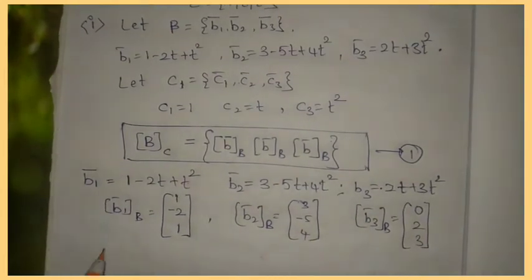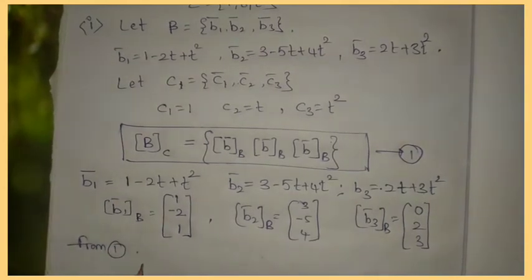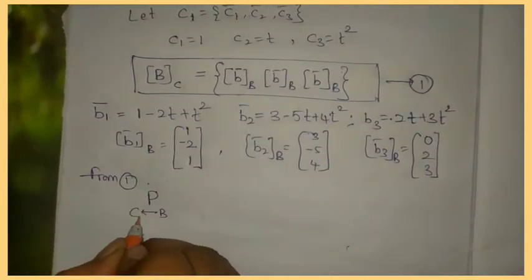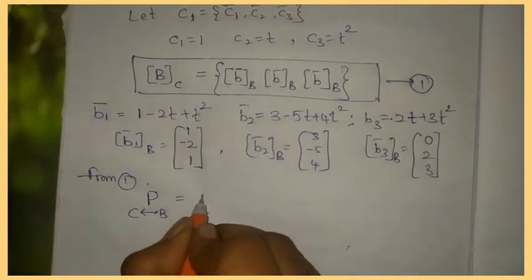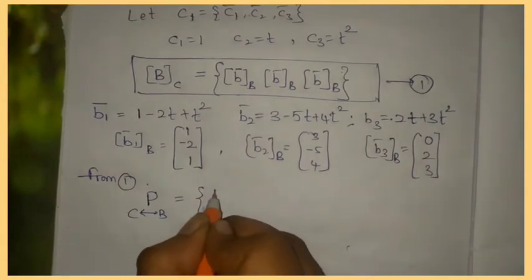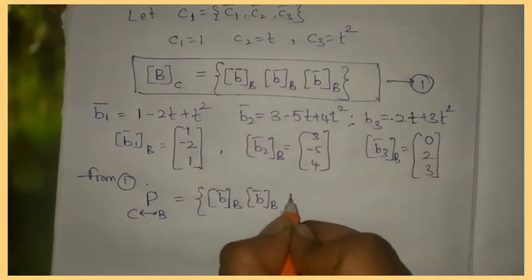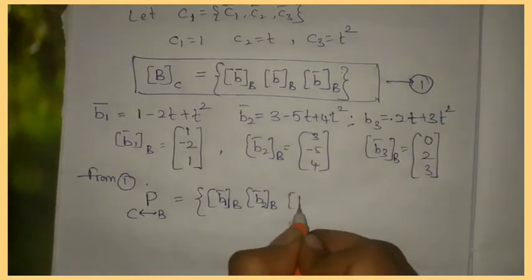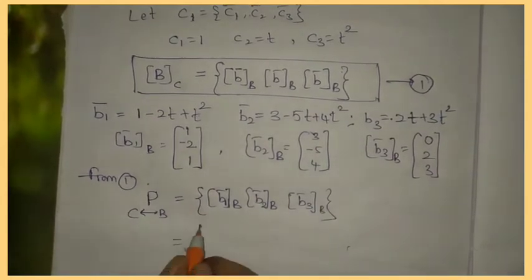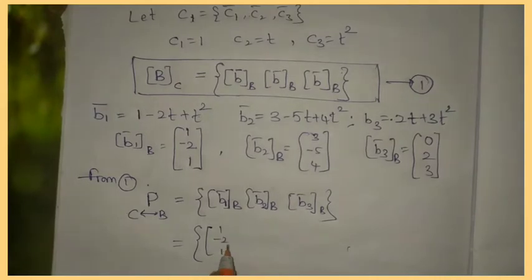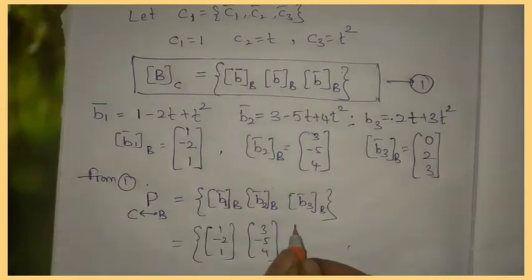Okay, next from equation 1, P B to C is given as the coordinate vectors b1 bar, b2 bar, b3 bar relative to C. Okay, we will write the terms here. 1 minus 2 1, and here 3 minus 5 4, and here 0 2 3.